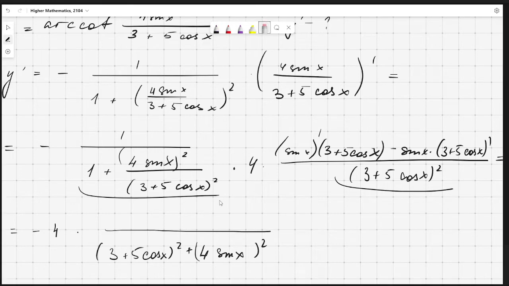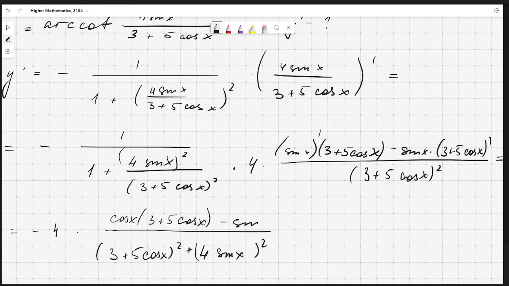Then here the derivative of sine is cosine. 3 plus 5 cosine of x, just write down, minus sine, just write down. 3 plus 5 cosine, the derivative of this is minus 5 sine of x. Open the brackets.